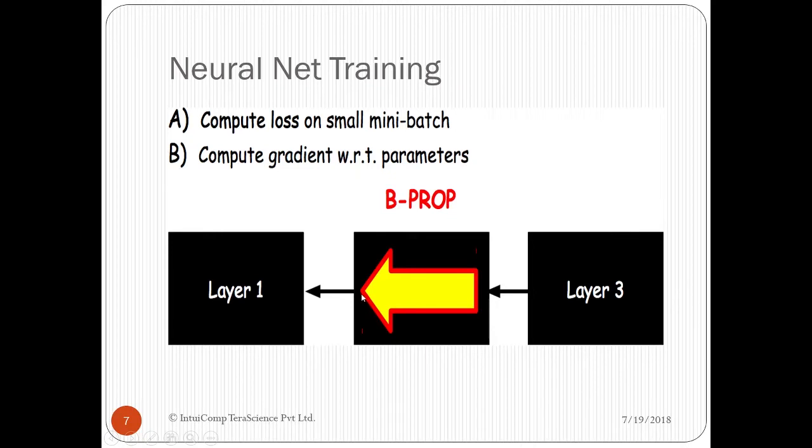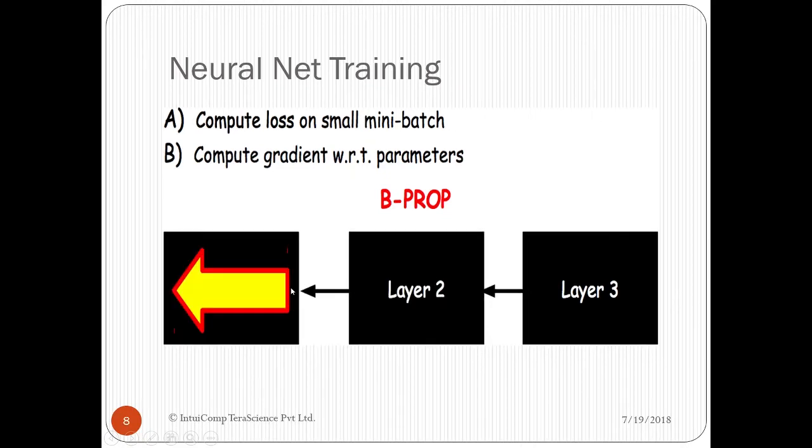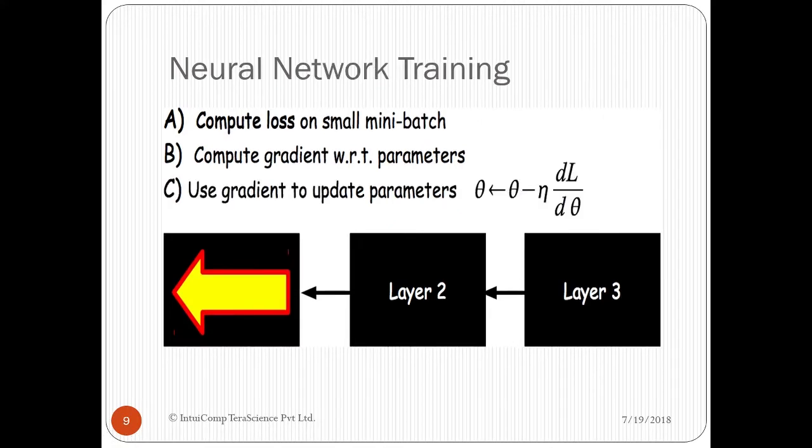These weights are a representation of what the neural network has learned. In this formula, theta represents weights and eta represents the learning rate. Now, for the training loss, dL by d theta is computed. Computation of gradient will become clearer as we implement the neural network.